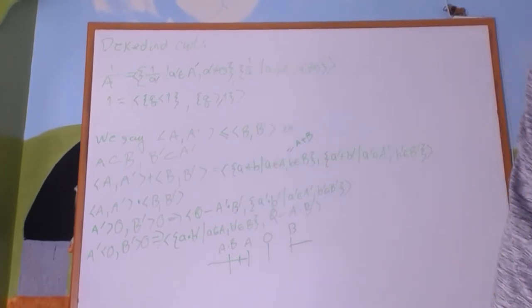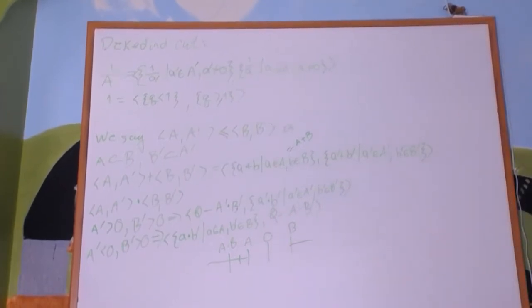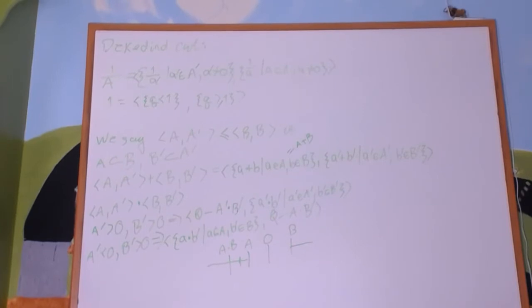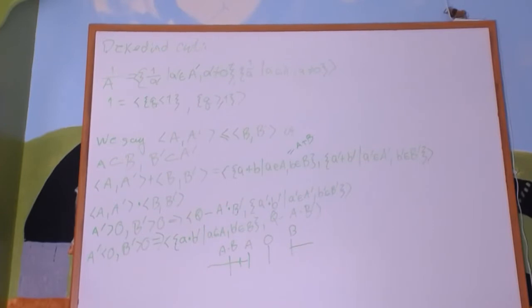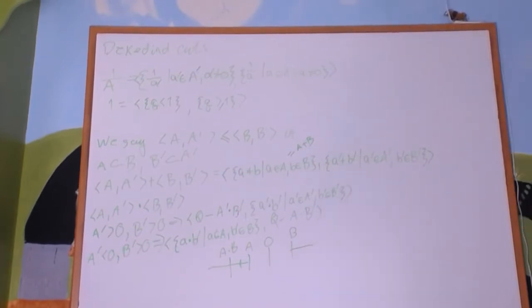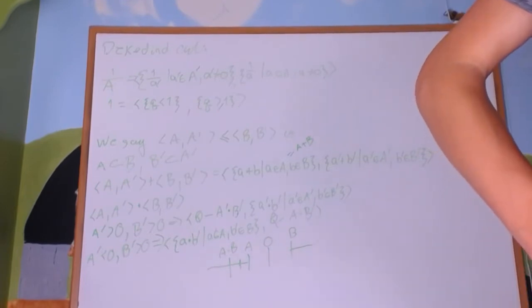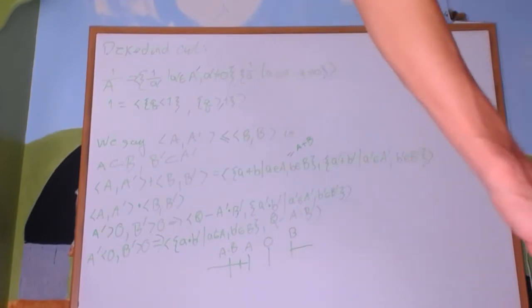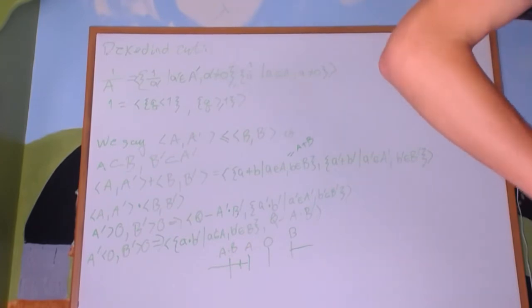General multiplication. Oh, I was right. You need to do stupid stuff. If A1, B1 is negative, yeah, alright.